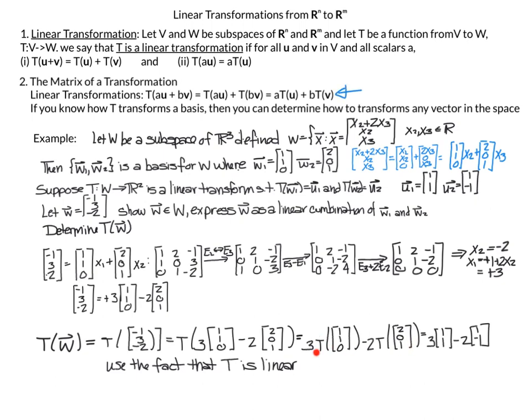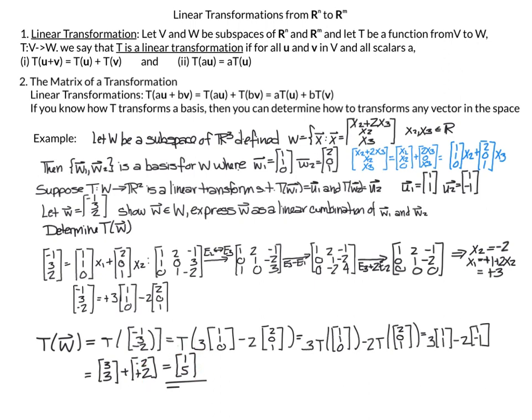And working this out, this is just 3 times the transformation of our first basis vector, which is defined somewhere here as (1, 1), minus 2 times the transformation of our second basis vector, which is here, (1, -1). Then you multiply 3 by (1, 1) and you get (3, 3). You multiply -2 by (1, -1), you get (-2, 2). Add them together, and you get your final solution, (1, 5).